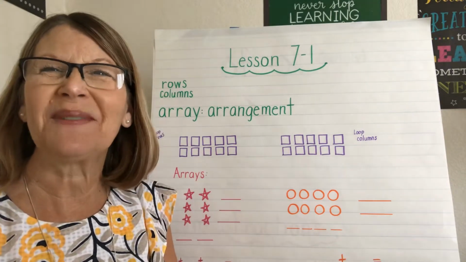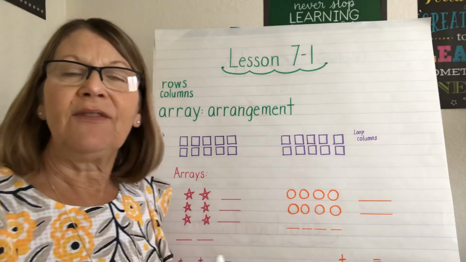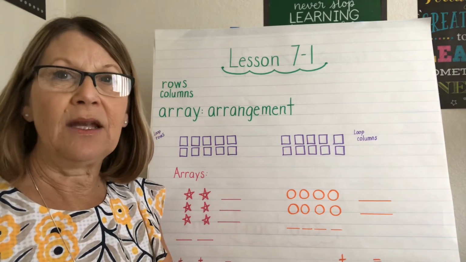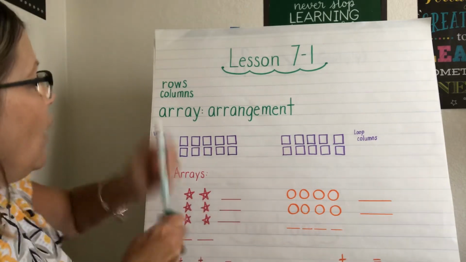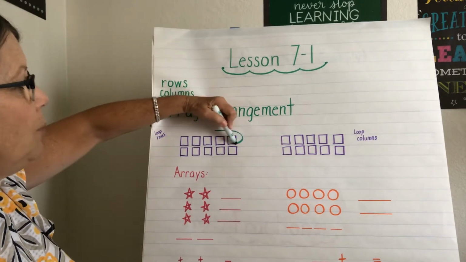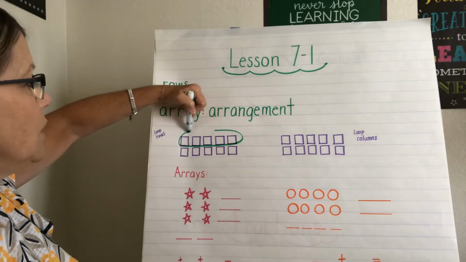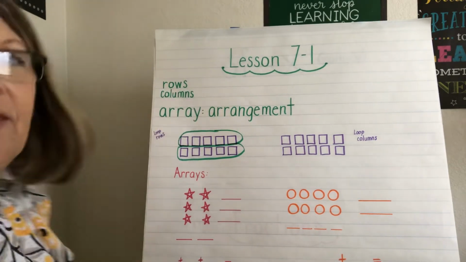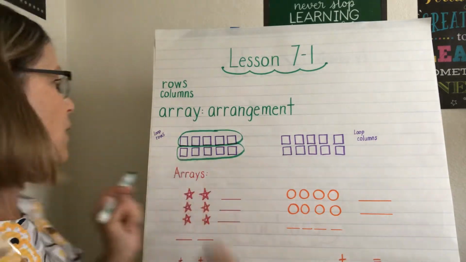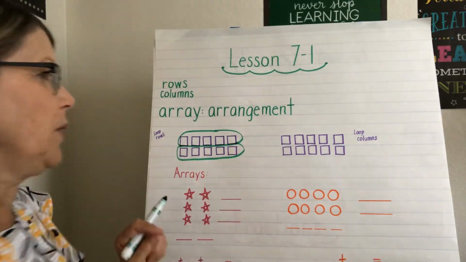So the first activity that they wanted you to do in this lesson was to loop the rows. So I am going to put a loop around the rows. And that's what I did right there. I looped the rows. This is one row, this is another row.